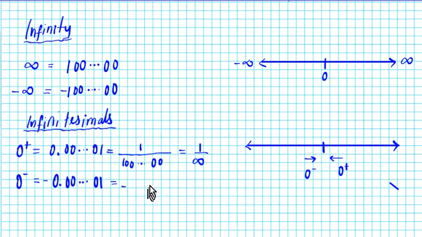There are different ways you can position the negative. So you can write it as 1 over negative 1, 0, 0, infinite number of zeros, 0, 1. If you have negative 1 with an infinite number of zeros, 0, 0, sorry, this is the same thing as what? Negative infinity. So this helps us to see that 0 from the left is related to negative infinity. They are reciprocals of each other.